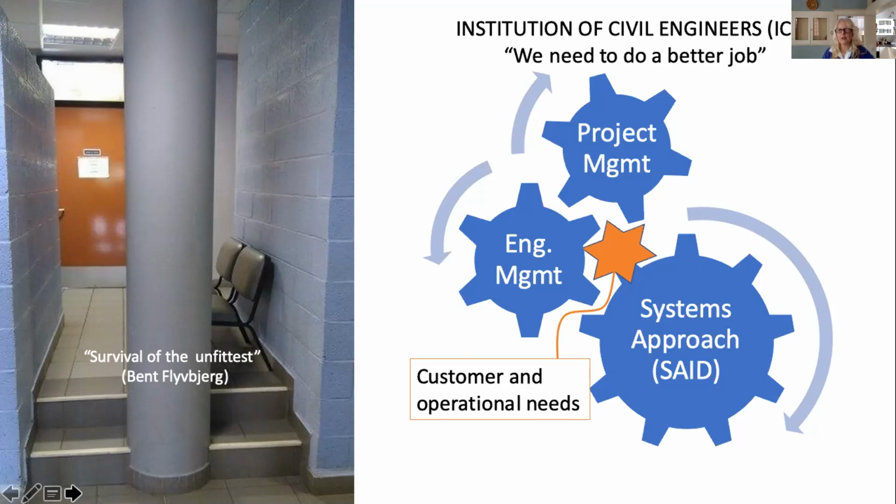So the Institution of Civil Engineers, recognizing these two things, has concluded that we should be looking at a systems approach to infrastructure delivery, and we need to change engineering and project management. And we should keep the customer and operational needs at the heart of everything that we do.